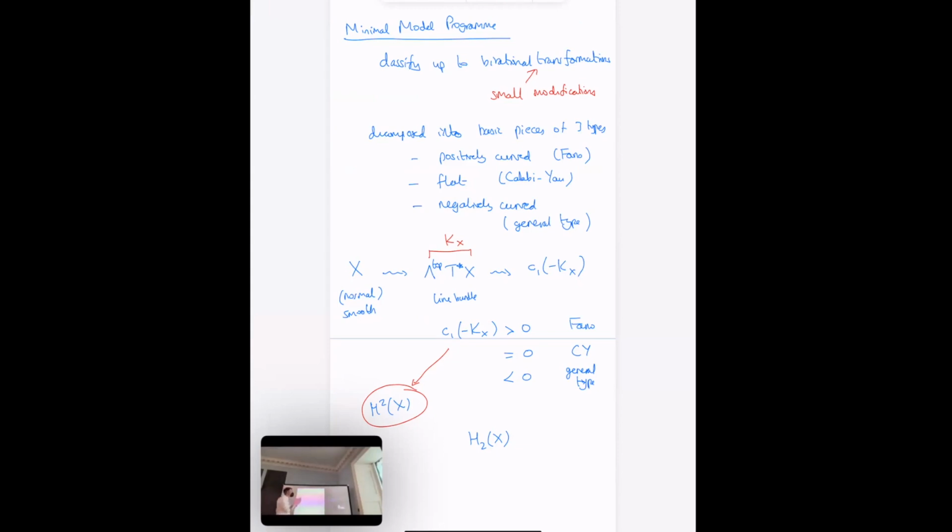So what we'd like to understand is Fano varieties. Well, actually, we'd like to understand all of them. But the Fano classification problem is going to be much easier than either of the other two. Because, for example, we know that there are finitely many smooth Fano varieties in any dimension. So it at least makes sense to ask the question, can I enumerate them?